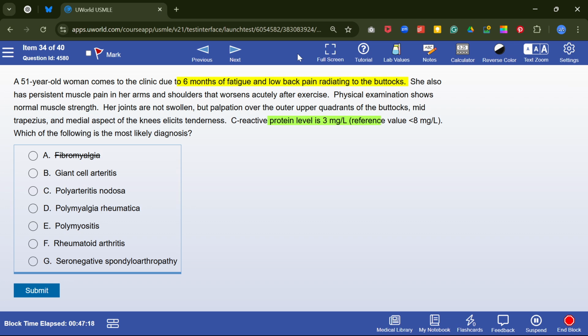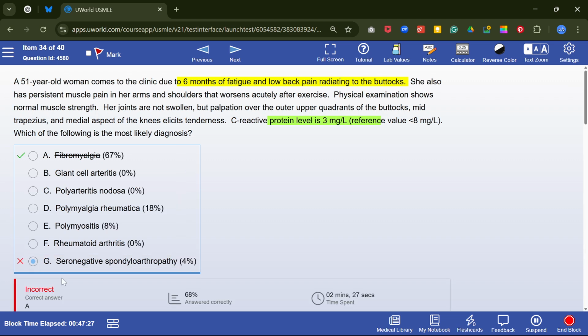Maybe it is ankylosing spondylitis, seronegative spondyloarthropathy. Or wait, you are right, it's fibromyalgia.